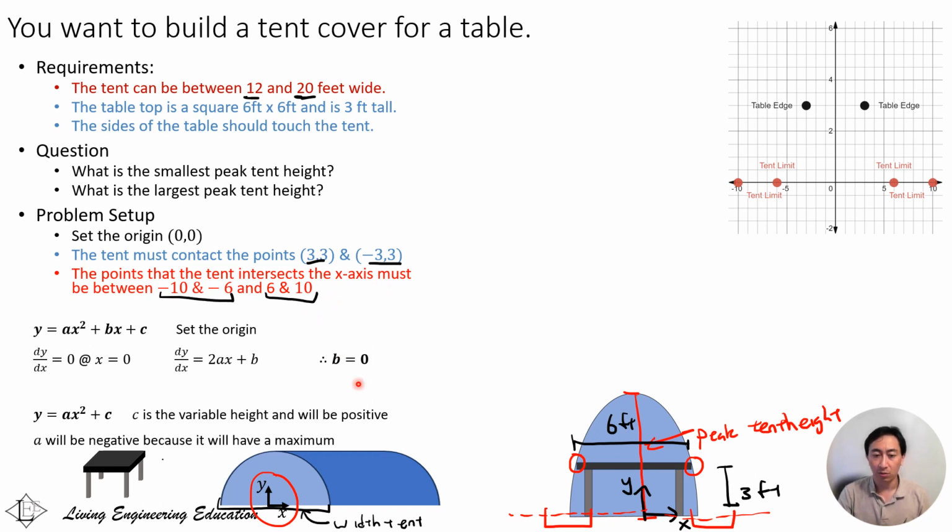And I know that because of the way I defined my y coordinate system, that's going to be a positive value. I also know that a is going to be negative because, if you just look at this quadratic graph right here, the edge of this tent, that's a maximum. That's demonstrated with a maximum peak tent height. And we know from previous videos that a is negative when we have a peak, when we have a max, and a is positive when we have a minimum, right?